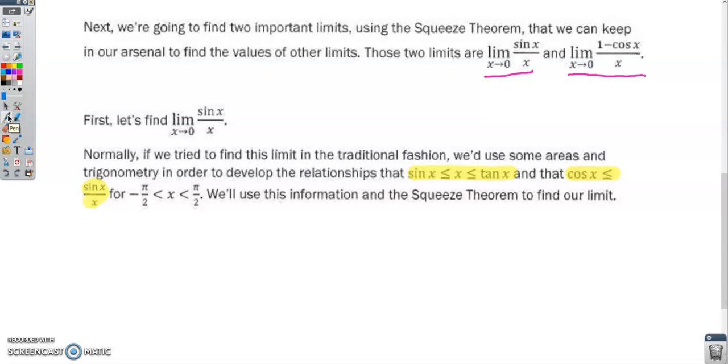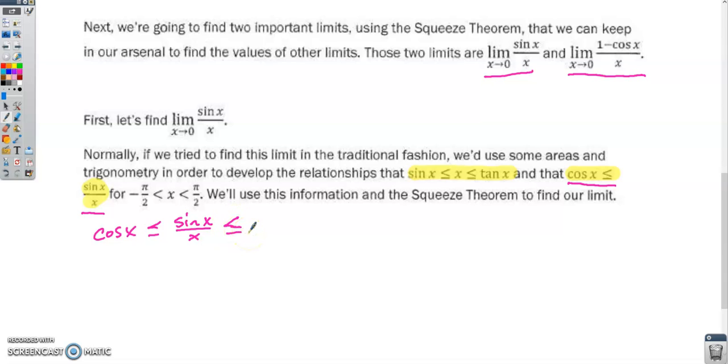Now realize what we're trying to do is sandwich in sine of x over x. And if we use this relationship right here, we immediately have that cosine of x is less than or equal to sine of x over x. So all we need is the right-hand side of our squeeze inequality.